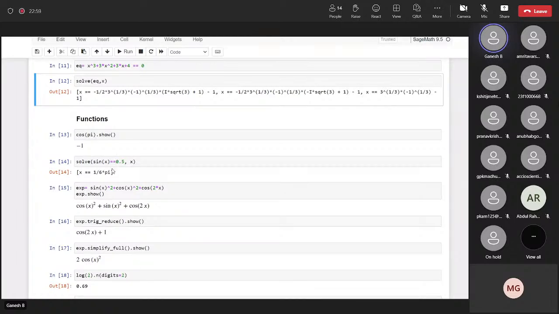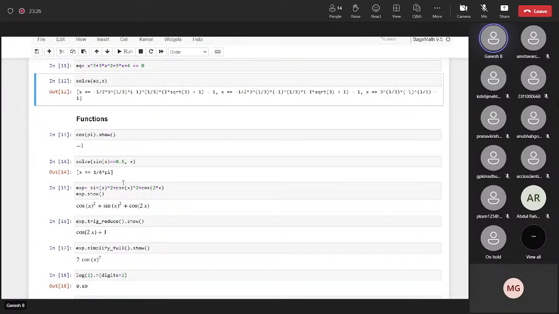You can solve trigonometric equations as well using the same solve command. Solve sin x equals 0.5 for x. The answer is pi by 6. Again, it gives the output as a symbol, pi by 6, instead of 0.5-something. It's very useful.